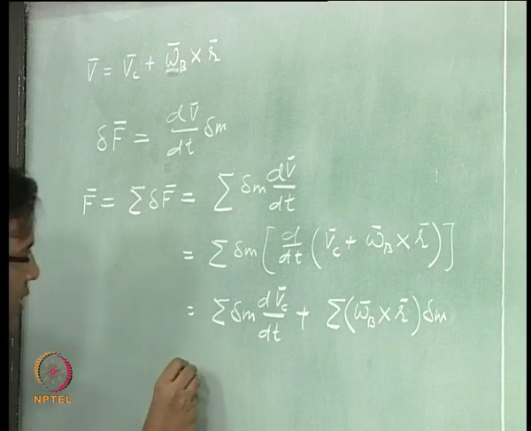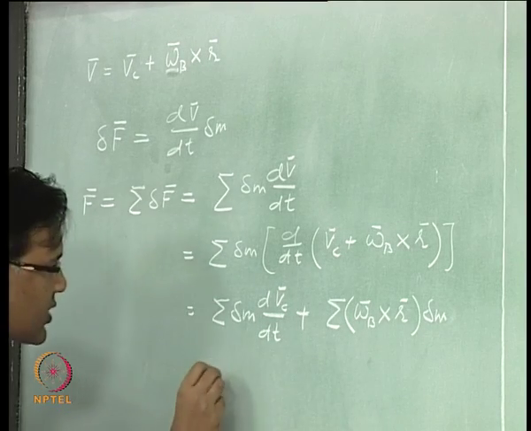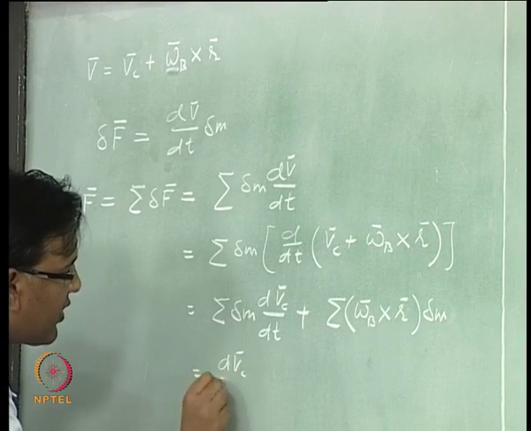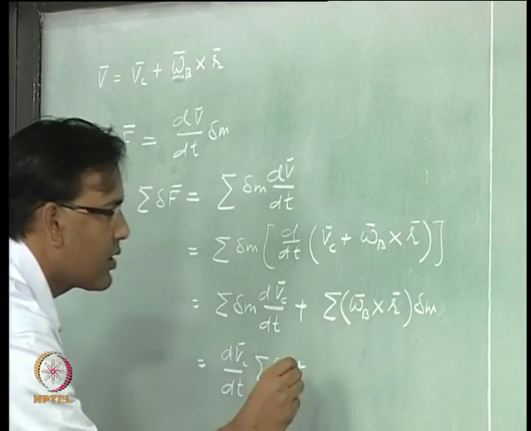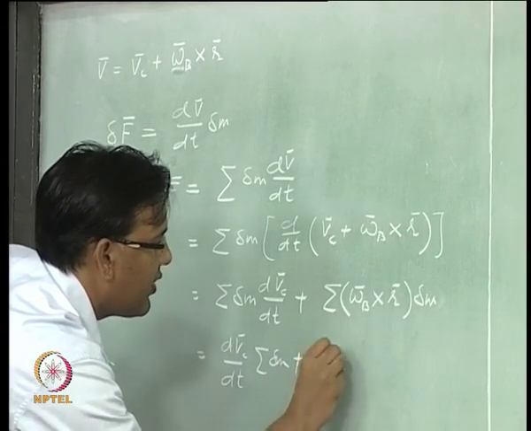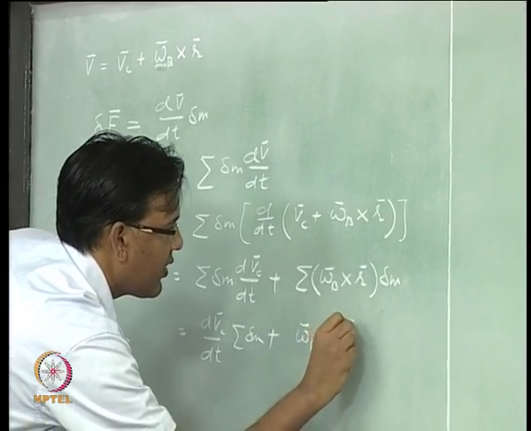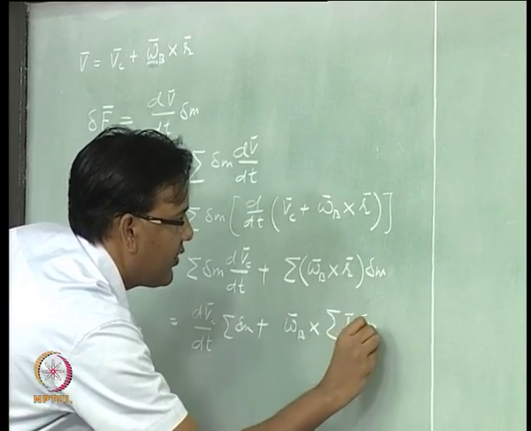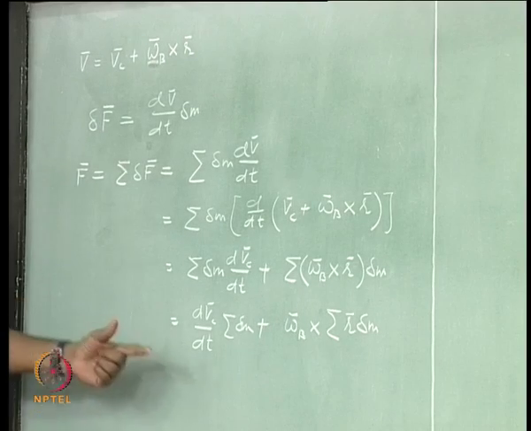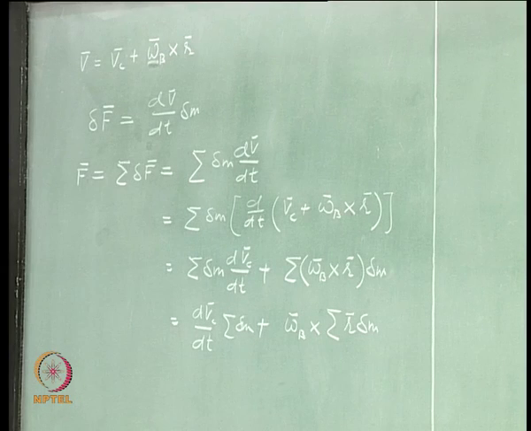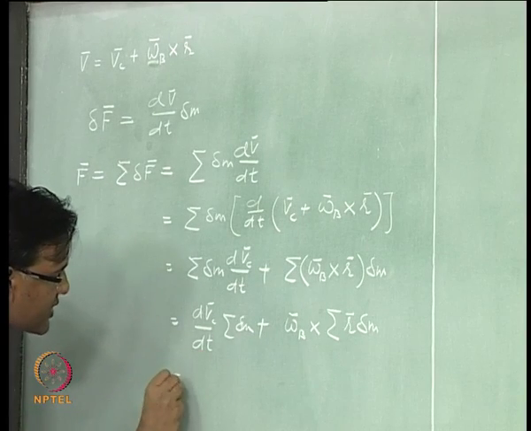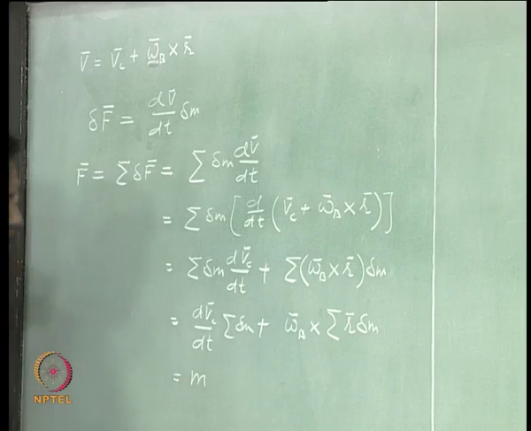So, you can also write in the further step this equal to this, right. If you sum this up, then what you get is the total mass of the aircraft.